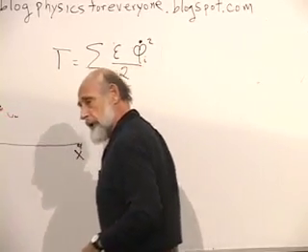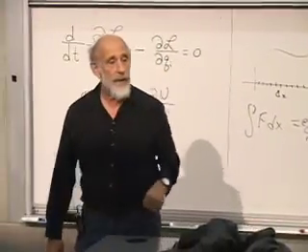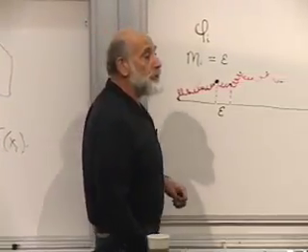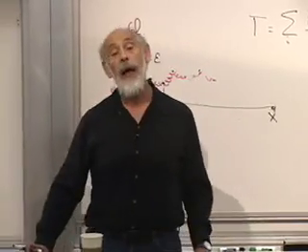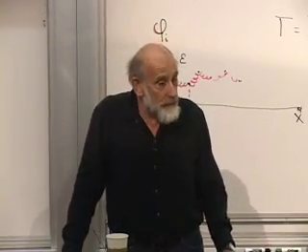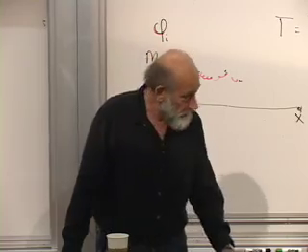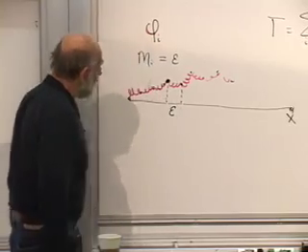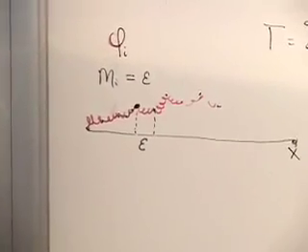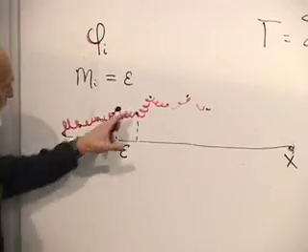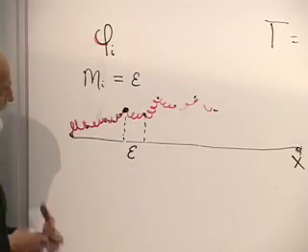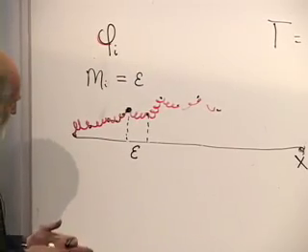Now, what about the potential energy? The potential energy of a spring is proportional to the square of the displacement of the spring from its equilibrium position. Let's pretend the springs only respond to vertical motion.